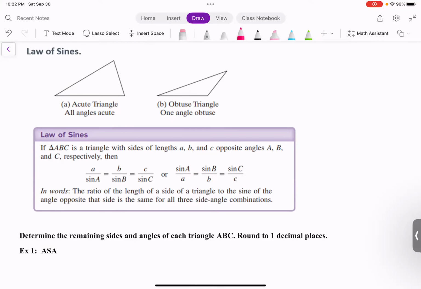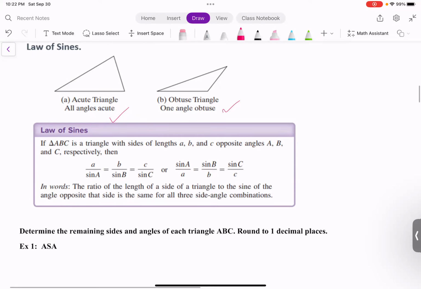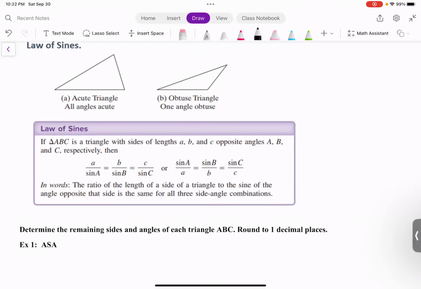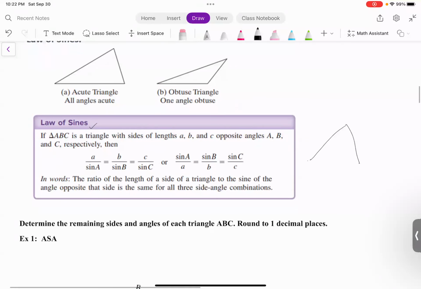If I have an oblique triangle, it could be an acute triangle or an obtuse triangle, and we can use the law of sines. You may ask, how about the right triangle? For the right triangle, we use sine, cosine, tangent, cotangent to solve the triangle. All right, let's see what the law of sines is. If I have a triangle, I must know the names of the three angles, A, B, C, and the sides opposite these angles, a, b, c.